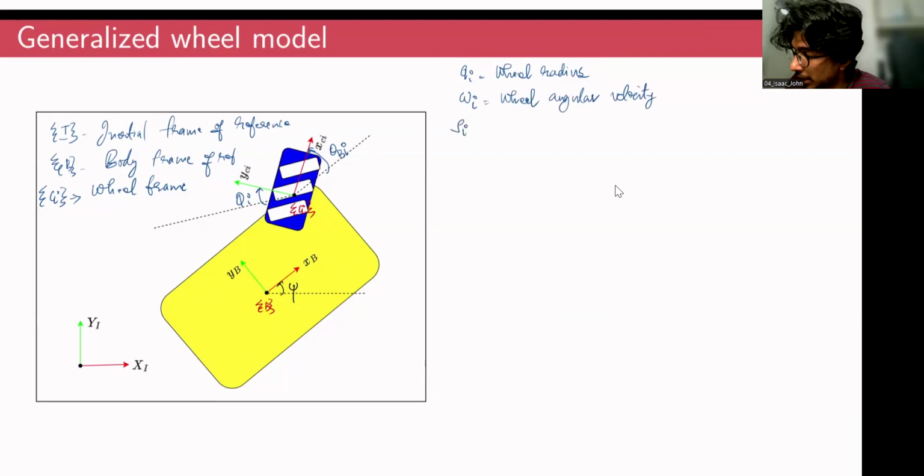The first is rho I, the radius of the passive rollers. And beta I dot is the angular velocity of the passive roller.